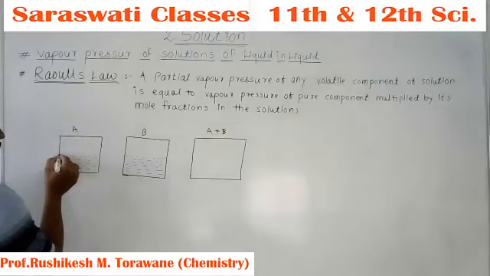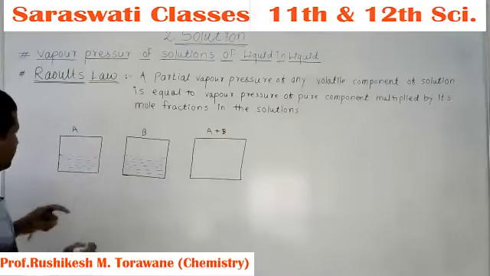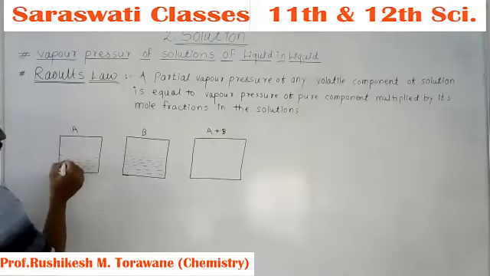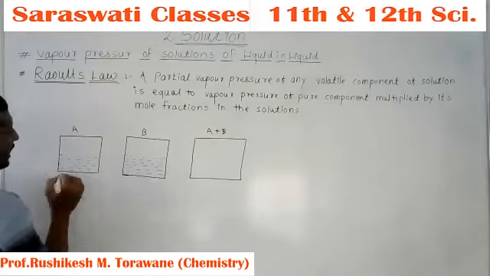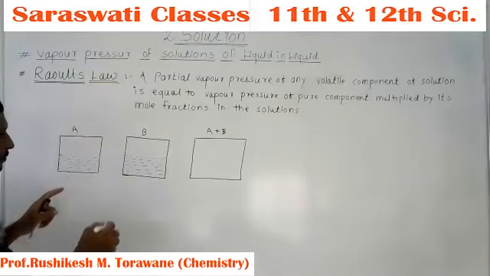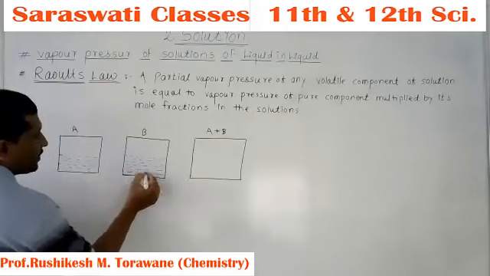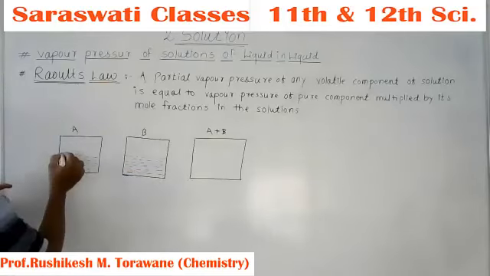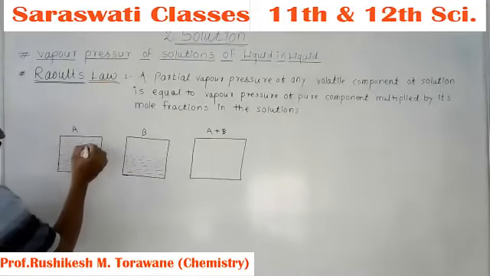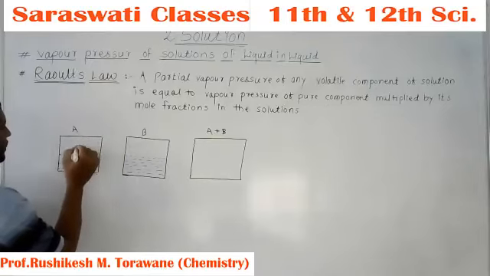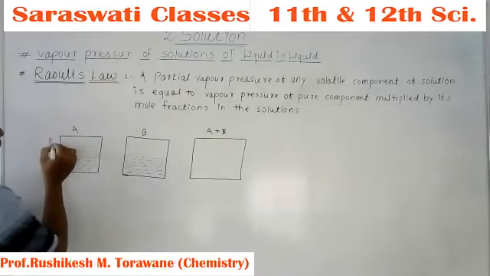These volatile components can be vaporized in a closed container. The pressure is P1.